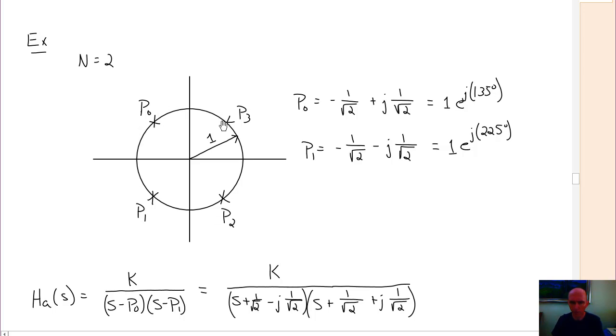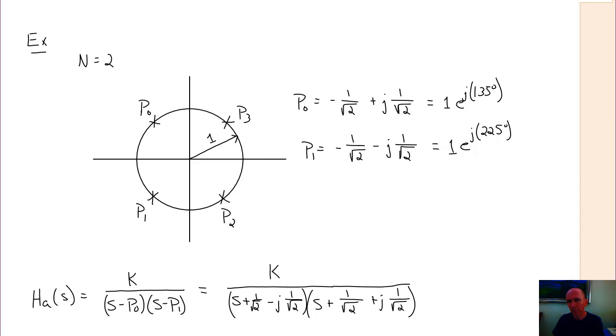And so there's going to be 90 degrees between each of these poles. Now, since there's no pole on the j omega axis, and they're symmetric on either side of the axis, this is going to be 90 degrees, so this would be half of 90 degrees, so this is 45, and this is 90, which would give us 135 degrees.